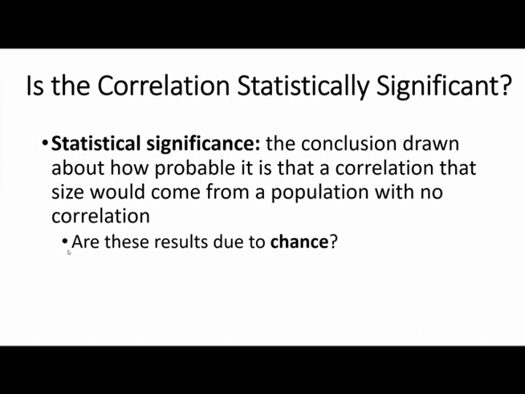So basically what we're saying is, is the correlation coefficient that we're seeing, the association that we're seeing, coming from pure chance, or is there actually something in that population that we're finding? So are we seeing noise in our data, or are we seeing something that matters?